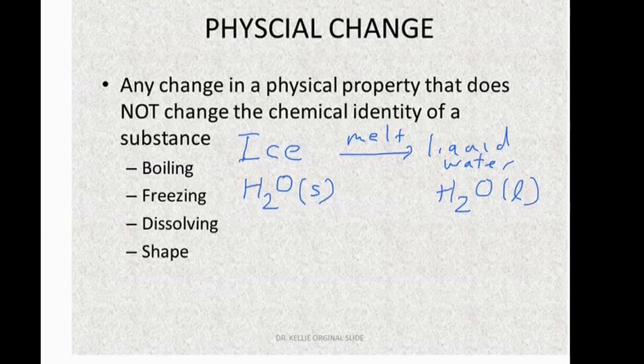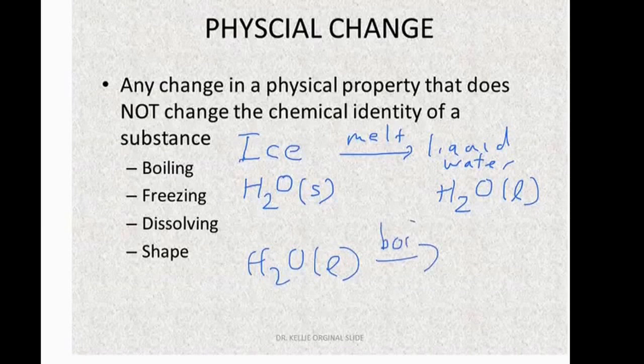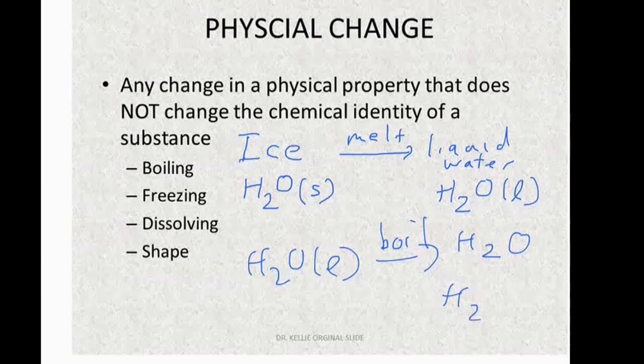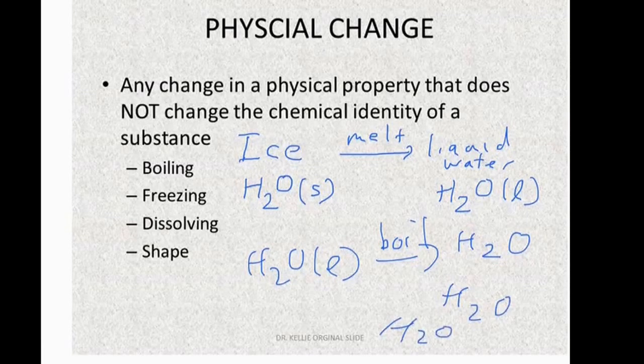You boil water, you have your water molecules all close to each other, but when you boil them, you're just tearing them apart. They're still water molecules, but the water molecules are now all spread out in the gas form. So again, you haven't changed the identity.